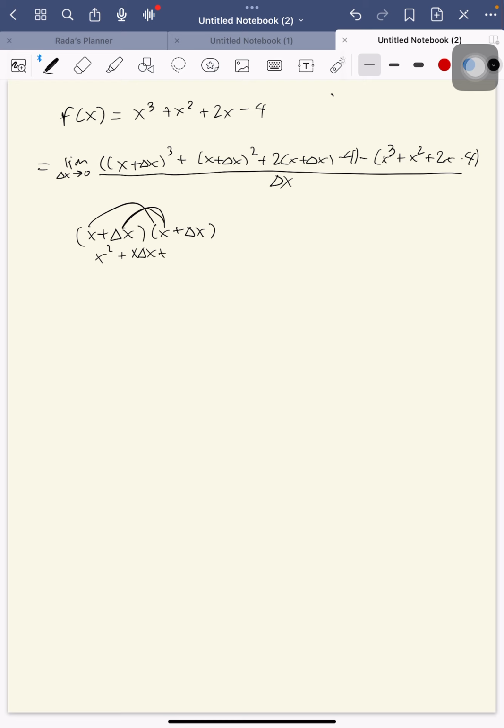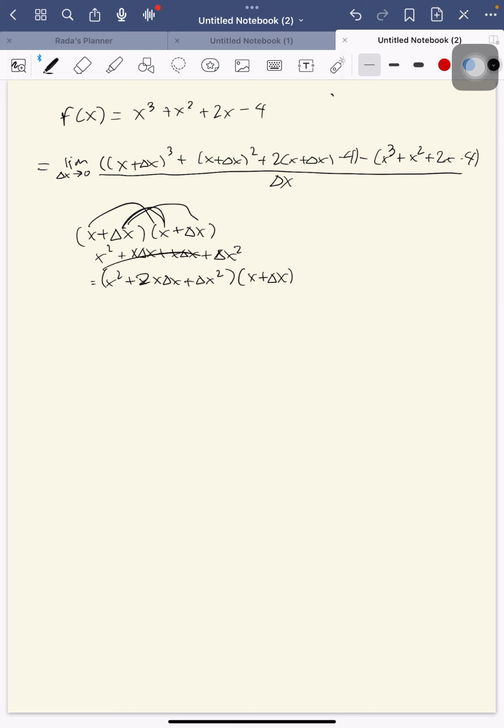Delta x times x is x delta x, and delta x times delta x is delta x squared. Combining like terms will become x squared plus 2x delta x plus delta x squared. So to find the cube, just multiply that answer with x plus delta x using the same method again.